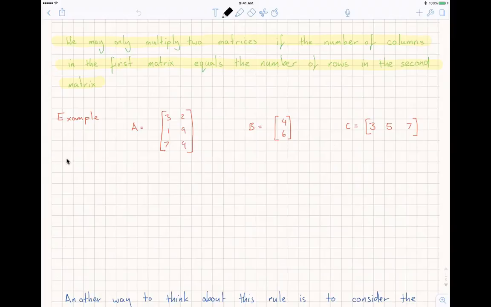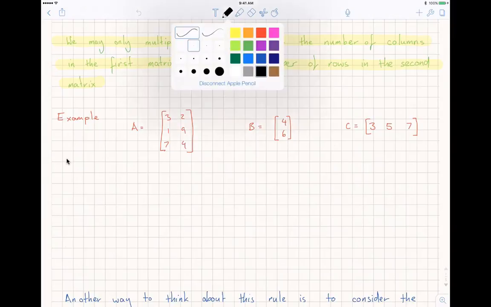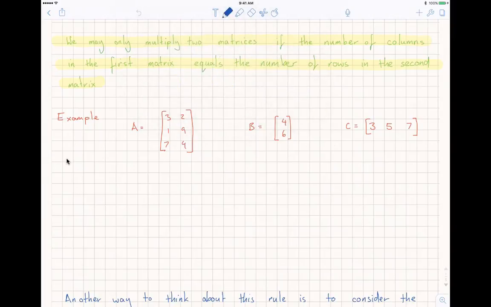Okay, so what we have here, if we have a look at this matrix A, it's of order 3 by 2. B is of order 2 by 1.